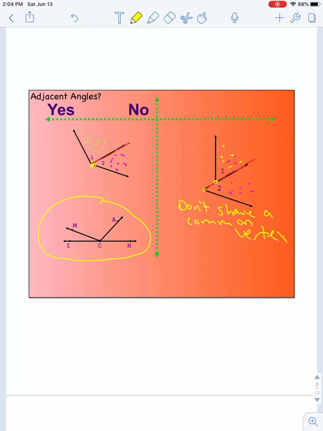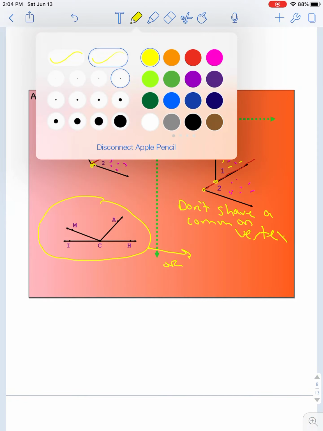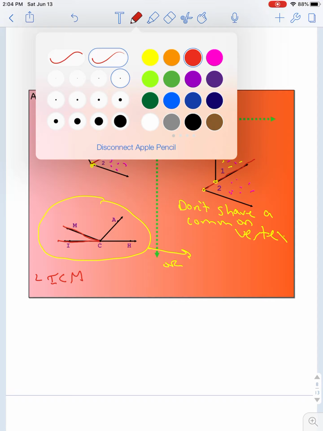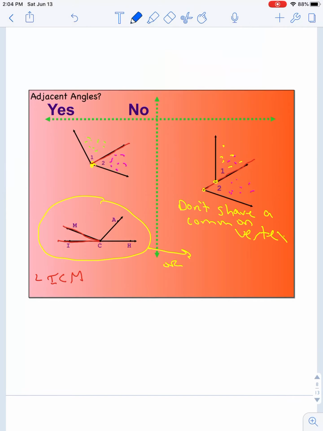Now, this example can be yes, or it could be no, and I'll explain. So if we look at how it could, some of them could be anyway. If you look at angle ICM, and we look at this other angle, MCA, oops, I didn't get my color that I wanted.